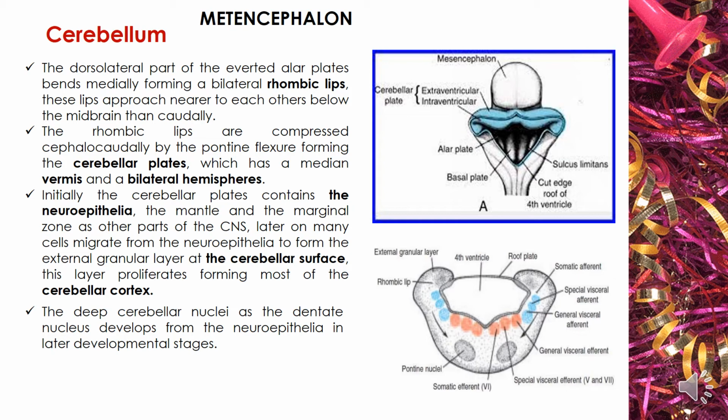This layer proliferates and forms most of the cerebellar cortex. The deeper cerebellar nuclei, such as the dentate nucleus, develop from the neuroepithelium in later developmental stages.